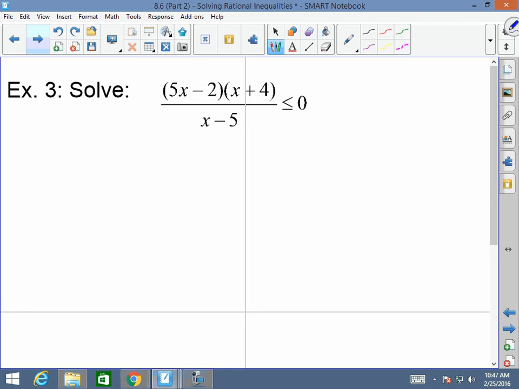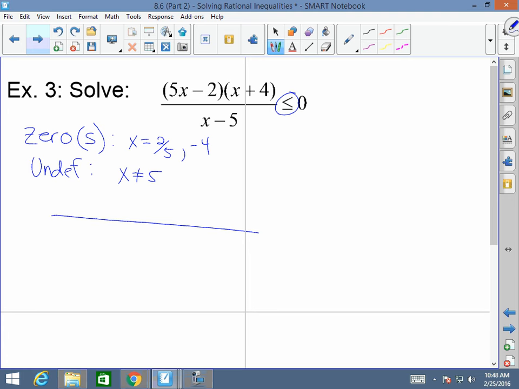So first things first, what is my zero or zeros in this case? Okay, x is less than or equal to, so it can equal it. So 2/5, 1, 0, and negative 4. Those are my zeros. What are my undefined values? X cannot equal 5. Very good.